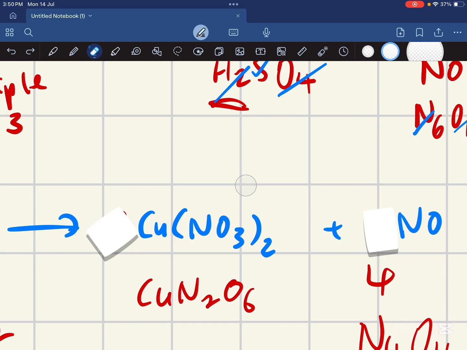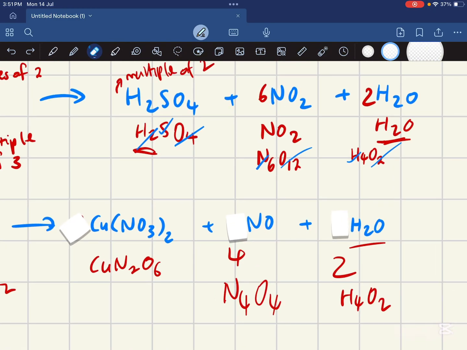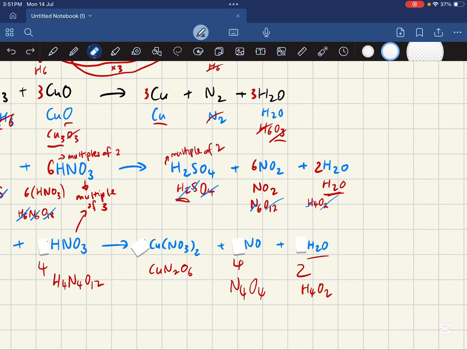N2, O3, that is correct. 4 and also N4, O4. Ah, I see. This can only be 2, but in that case, we are short of 2 oxygen molecules. So again, 4 is impossible.